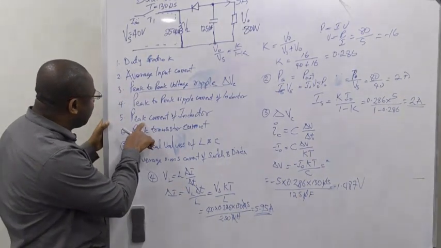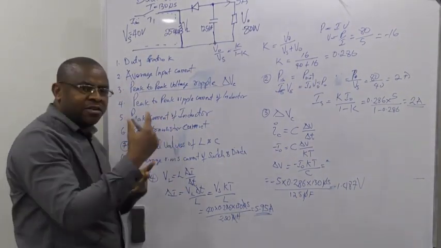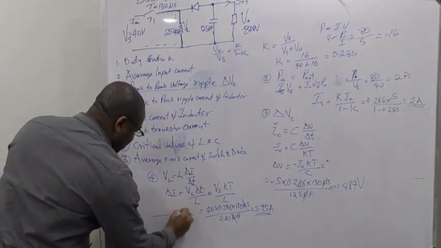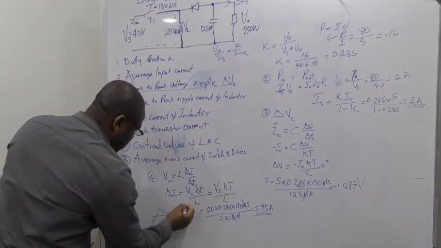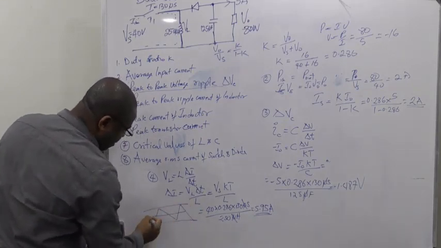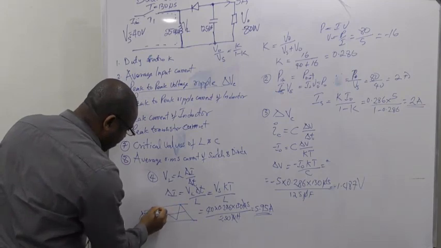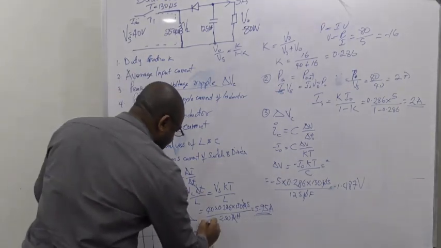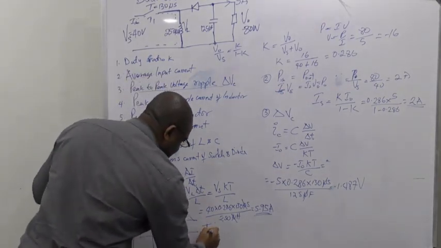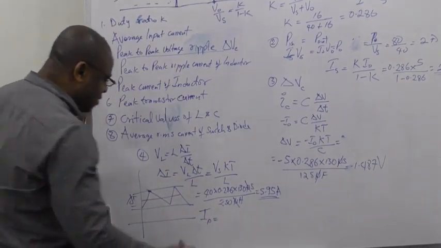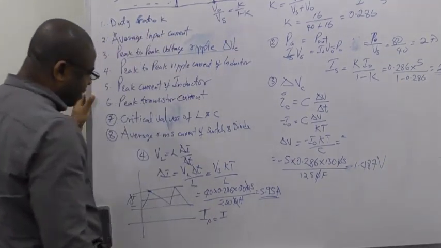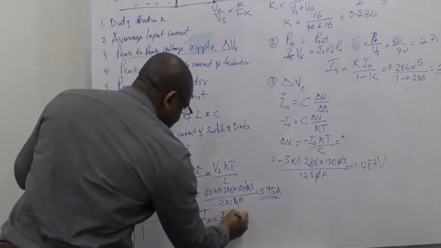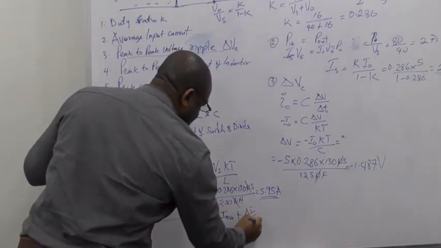Now, if you are asked to calculate the peak current of the inductor, remember, here is peak to peak, between this and that, so delta I. But if you want to calculate the peak, I peak for the inductor will be I average plus delta I over 2.